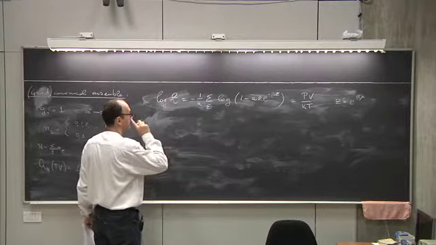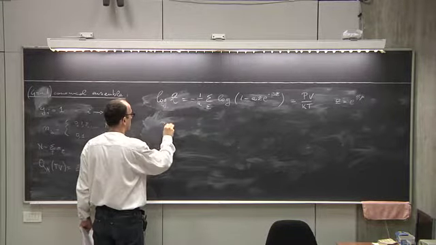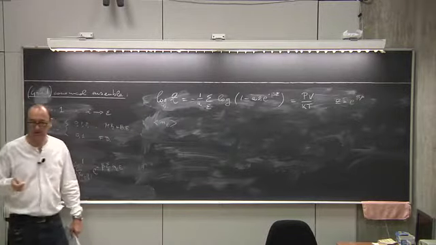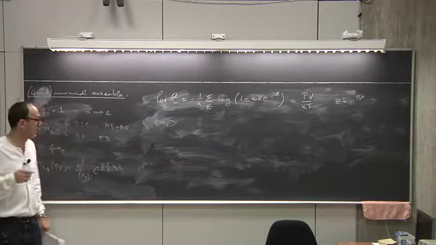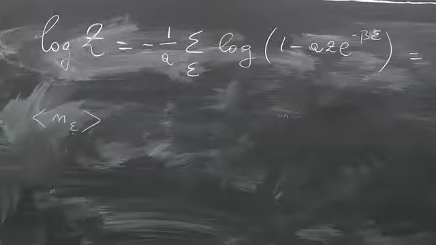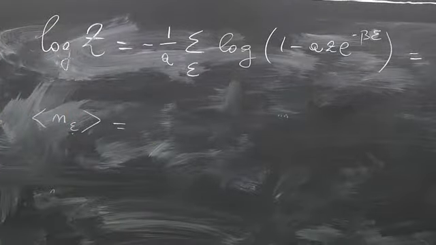So the other thing which you see from this is that now you can compute the mean occupation number. So how many particles will you find in a state of single particle energy level epsilon?